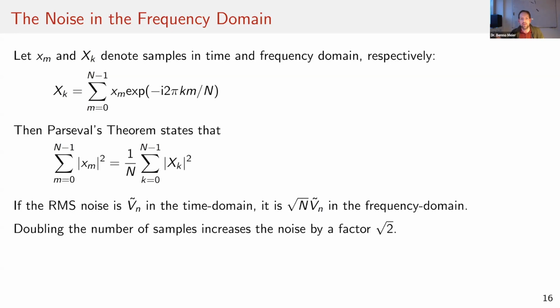If you for example just double the acquisition time and keep everything else the same, then your noise increases by square root 2. The same happens if you do 2 scans instead of 1 and signal average: if you record 2 averages, you also get an increase in the noise by a factor of square root 2.